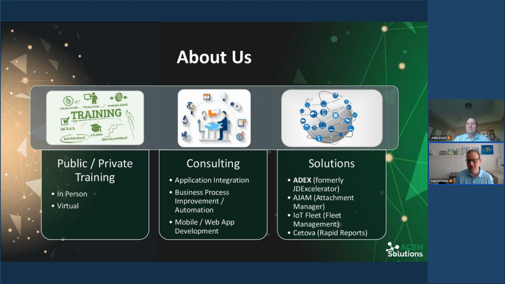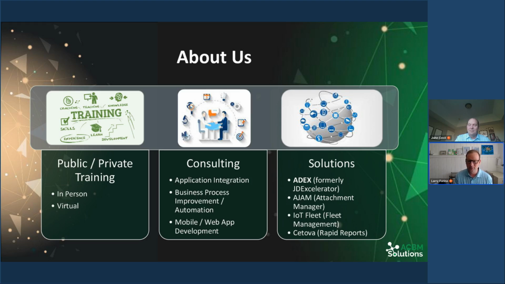Our solutions, I'm going to start on the right side here. We have 8X, which is probably our flagship product. I'm looking at the attendee list and I see a lot of you are 8X customers already, so some of you are familiar with that, but it's a way of calling orchestrations from Excel.